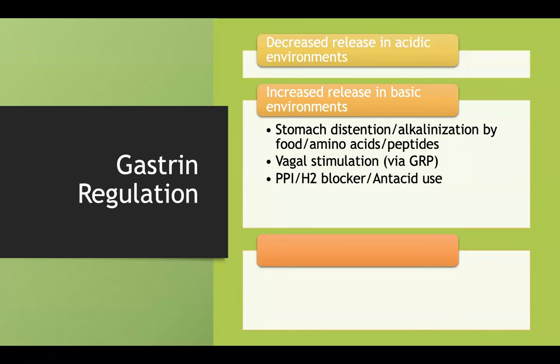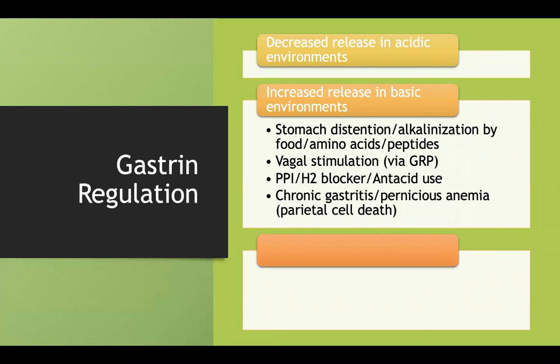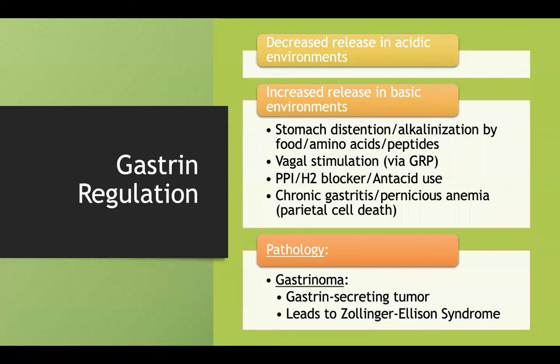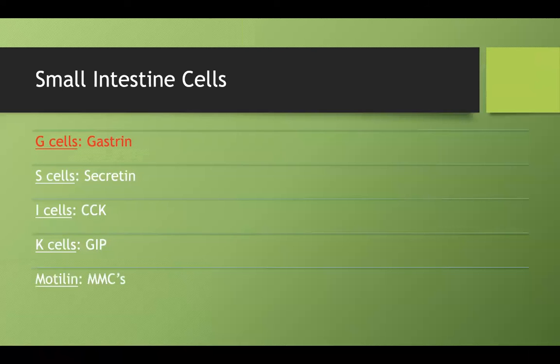If you start using antacids, you're going to obviously increase the pH. And we talked about this a lot in the stomach lecture. If you have chronic gastritis and you have a lack of parietal cells producing those hydrogen ions, you're also going to get gastrin upregulation and G cell hyperplasia. And a pathology we have to know about is Zollinger-Ellison syndrome, which is a gastrinoma. I talk about that in the stomach and pancreas lectures as well.